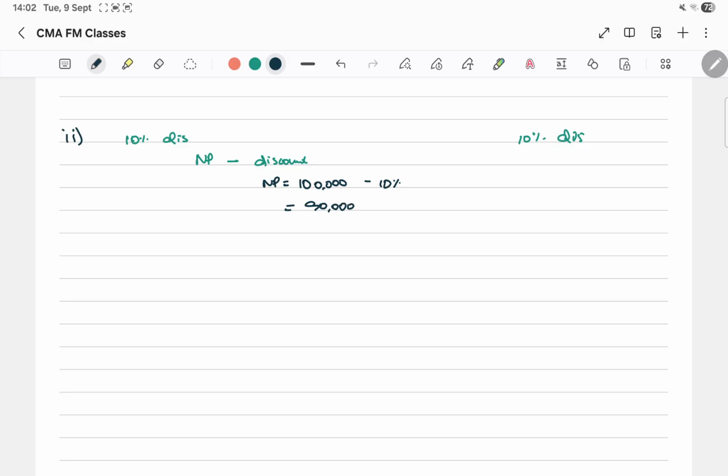Interest is 10,000. Now use the same formula: KD equals I into 1 minus tax divided by NP.